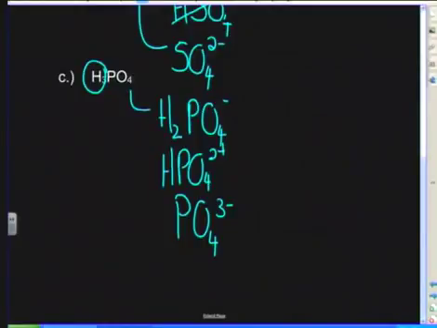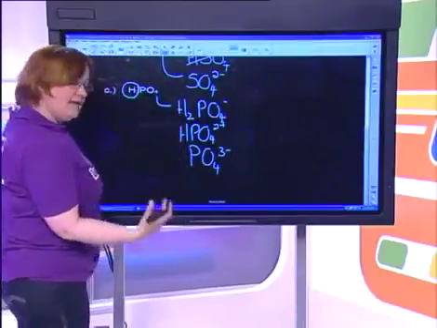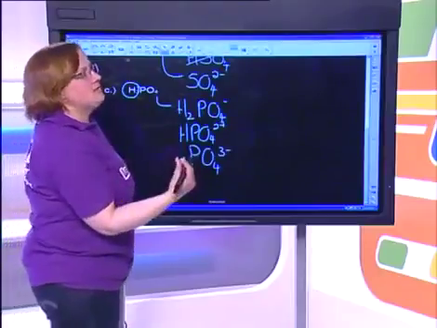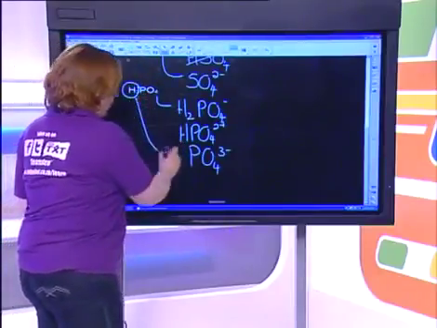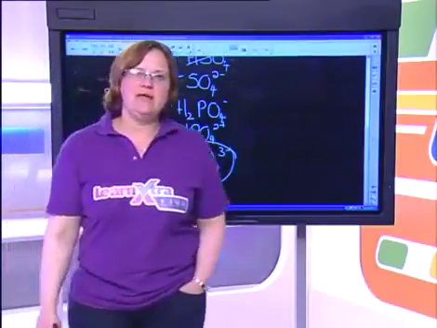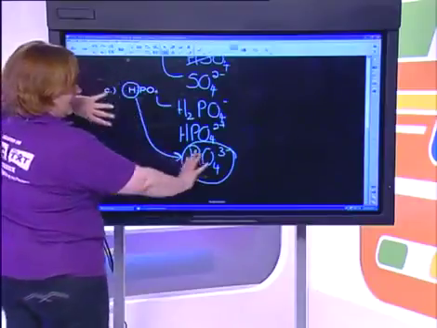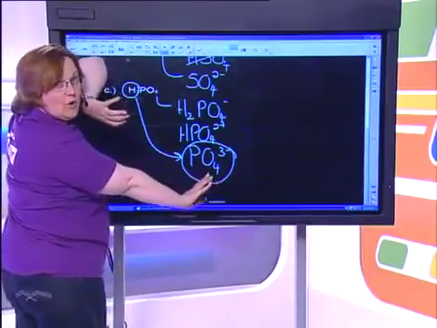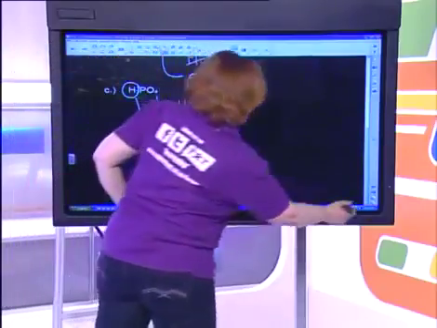Every time it gives away its hydrogen, it becomes more negative because it's giving away positives. In reality, when we react phosphoric acid with something, it's probably going to give away all 3 hydrogens and become PO4 3 minus. It doesn't often want to give away just the other 2. So that means we have our acid and our conjugate base.